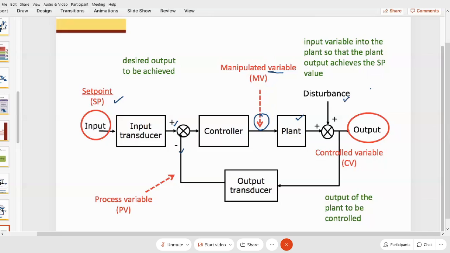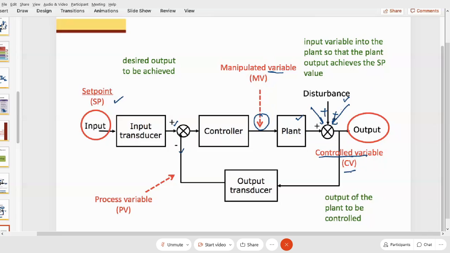Disturbance is anything that disturbs your system; we can add a disturbance to the system at this summing junction, meaning a plus here. Then the control variable. You must know what the control variable is, or you can get it from the glossary on e-learning, where I put a few important terms that you must know.